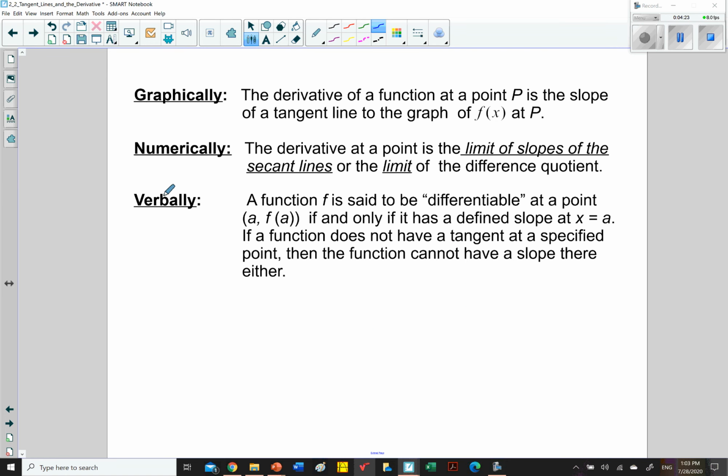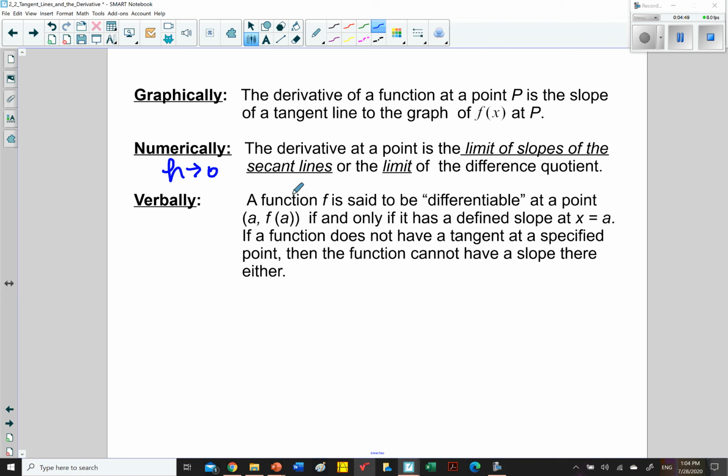So, we've discussed the rule of 4, and graphically, the derivative at a point is the slope of the tangent line. Numerically, the derivative at a point is the limit of the slopes of the secant lines, and we saw that last time where we moved that secant line closer and closer. h approached 0 so that it was so infinitely small we could find the limit of the difference quotient.